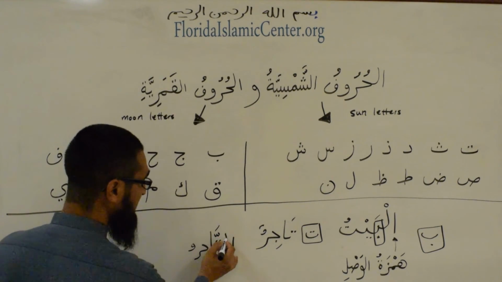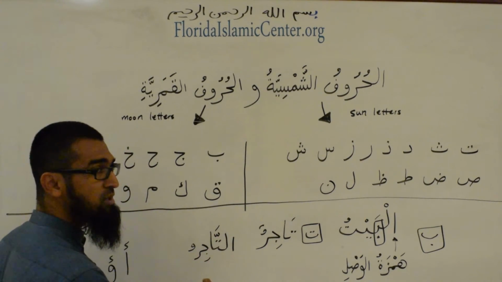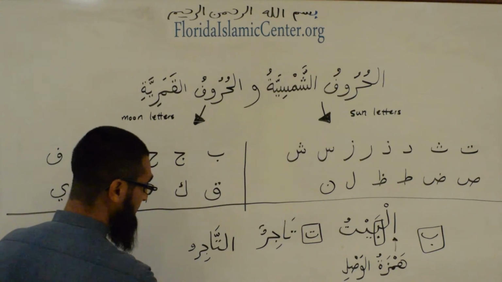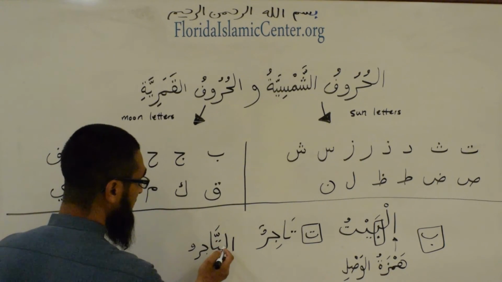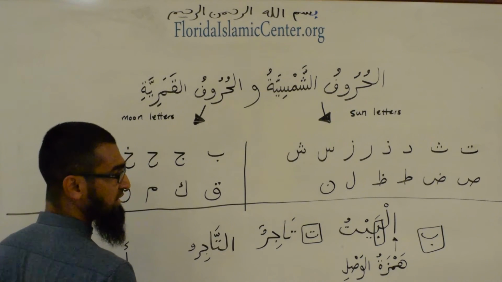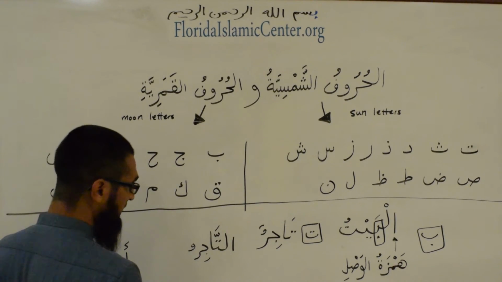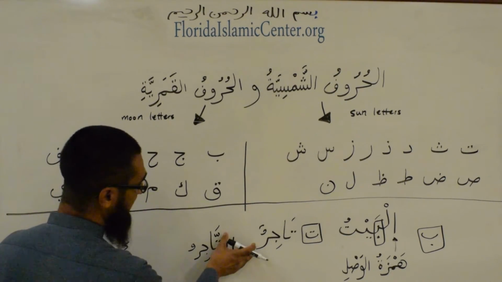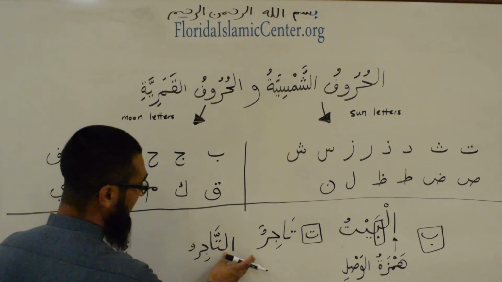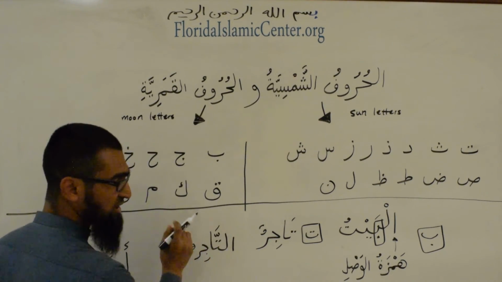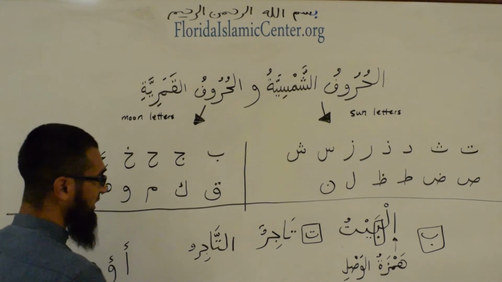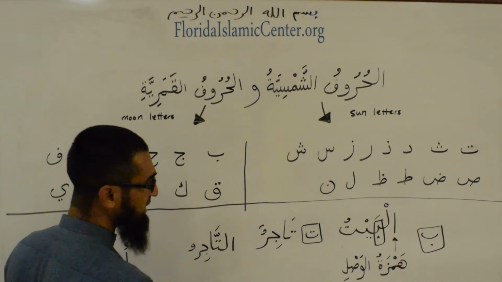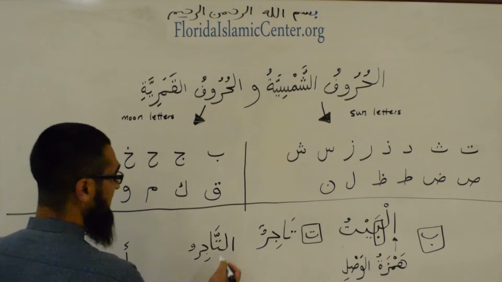Are you hearing the lam? No, the lam is not heard. So the lam switches to ta basically. That's one way you can look at it. Or you can just say you don't hear the lam, and the ta takes a shadda. Whichever way, it's fine. The objective is for you to pronounce it properly.